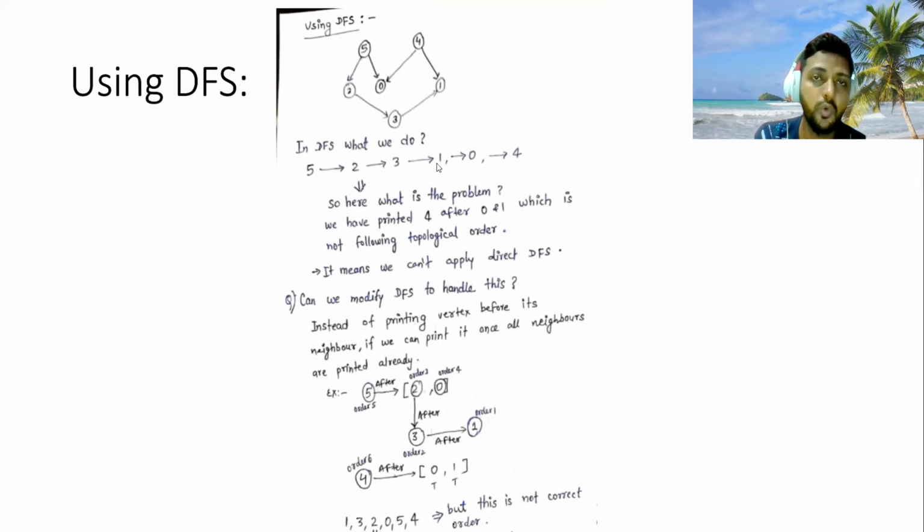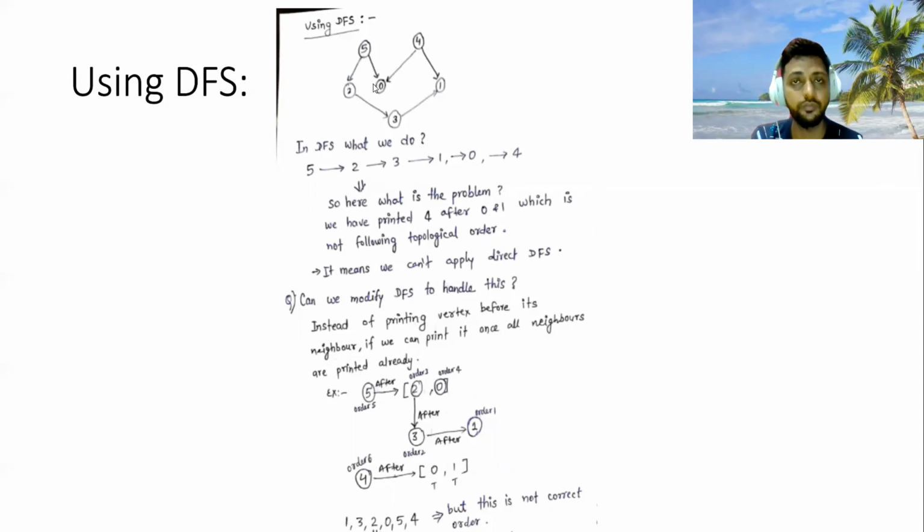From 3, you go to 1. And from 1, we cannot go anywhere. Now you come back to node 5. From 5, you find one more child, 0. You will print it. From 0, we cannot go anywhere. Now you run a loop to find which node is not visited yet. You get 4, and you print 4 at the last. So this is the simple DFS we have applied on this graph.